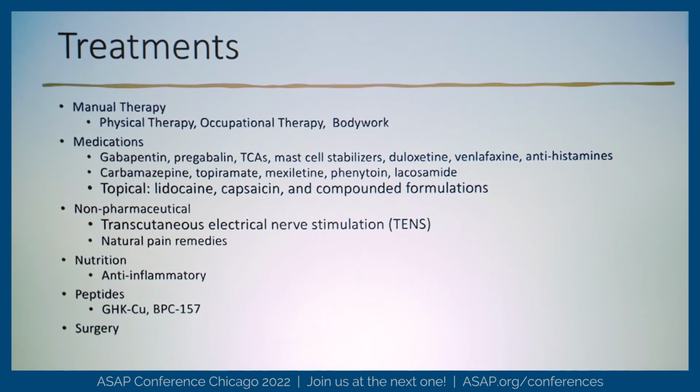And then, of course, there are different surgeries, musculoskeletal surgeries, obviously fusions, tethered cord, to detether the tethered cord, which can help reduce different types of pain. Surgery is always an option.